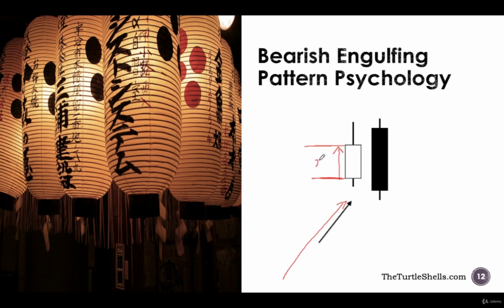Let us call it X. For those bulls who bought here, their profit is X now, which is notional profit. Now, by the time the next day opens, it has opened even higher than the close of the prior white real body. So here, the bulls are even more happy. Now their profit is, let's call this Y. So X plus Y is their profit now, for those who bought here.